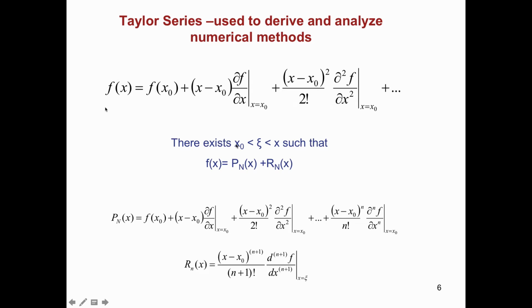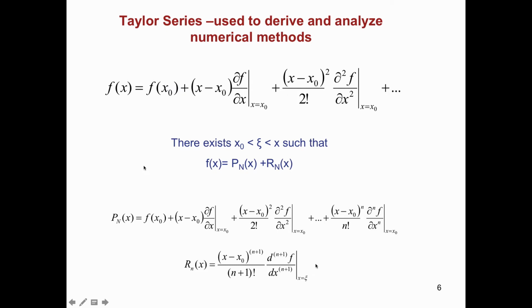Okay? And I know that if I stop at some nth level here, I can go up to n, whatever n might be, then the error that I'm making is related to the derivative that is 1 higher than n.